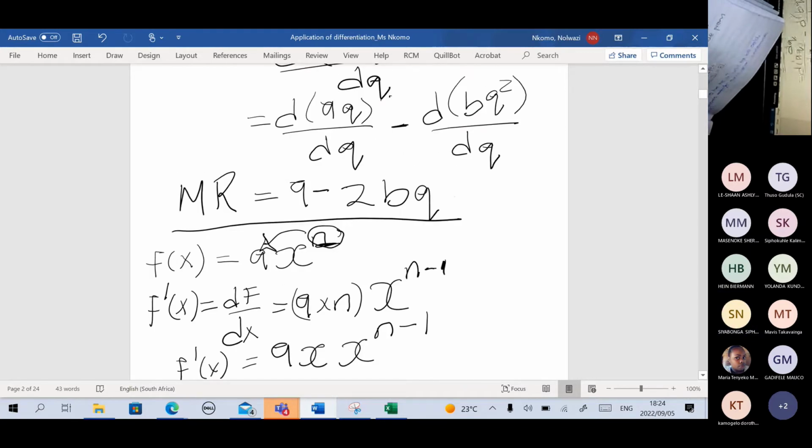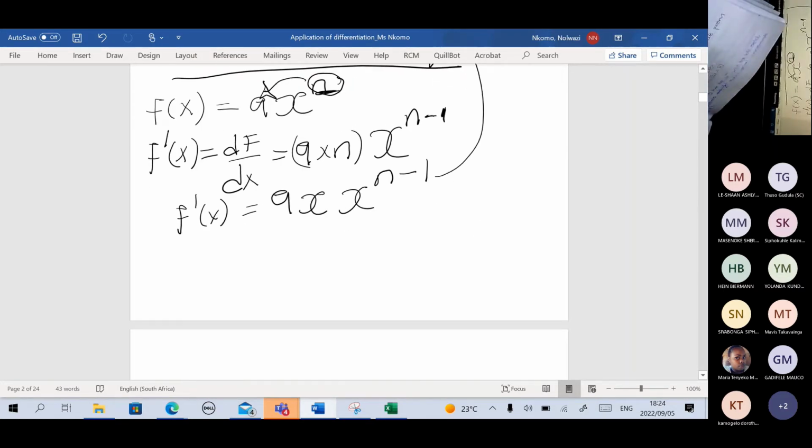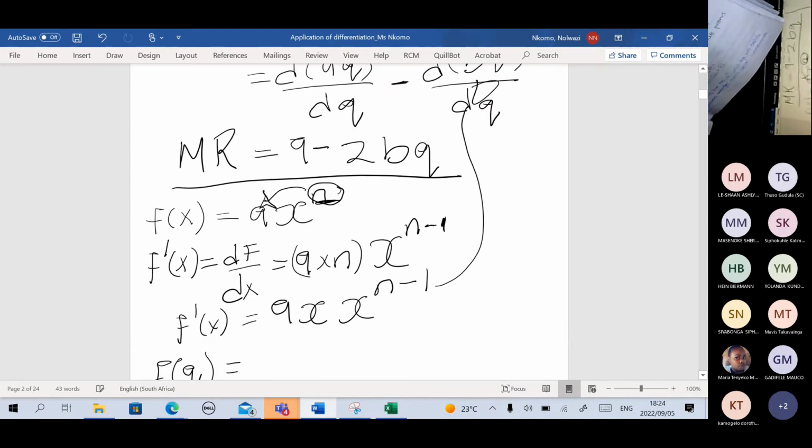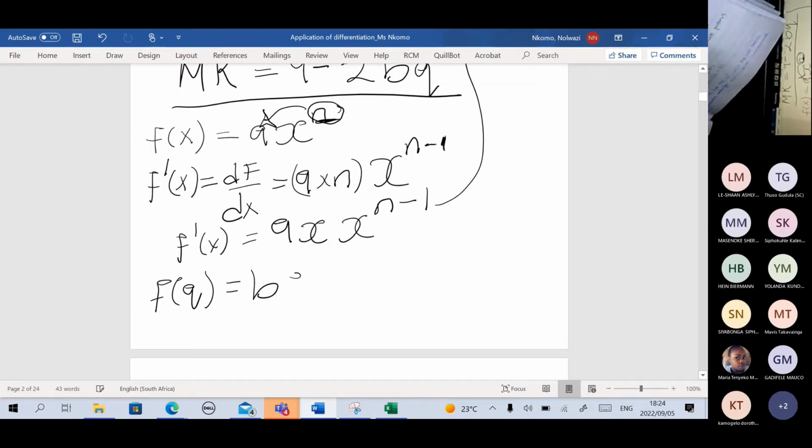Going back to this function, let me just put it as f of Q. Our f of Q in this case was BQ squared, right?